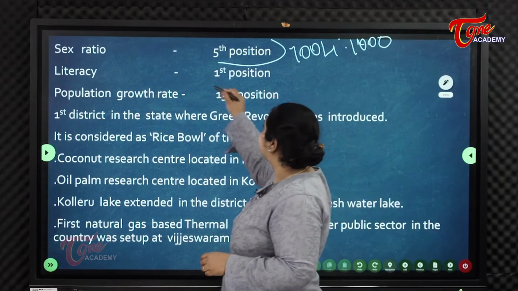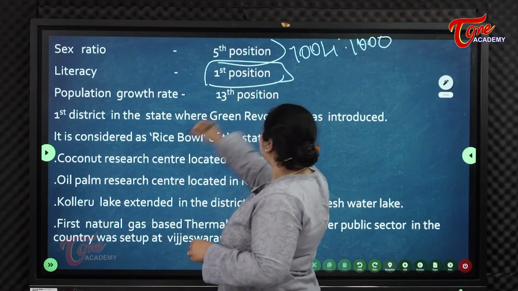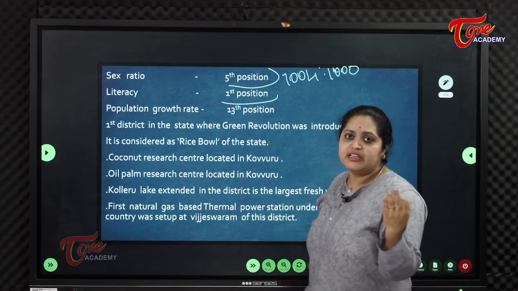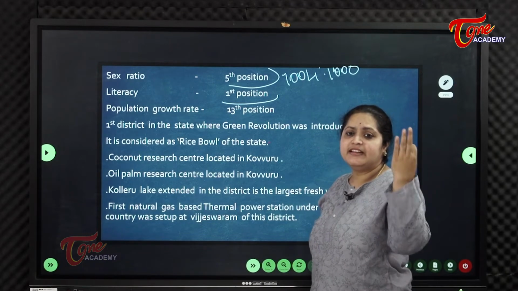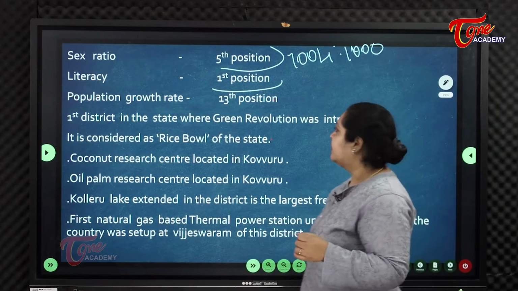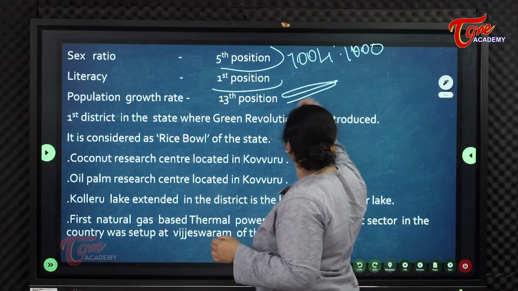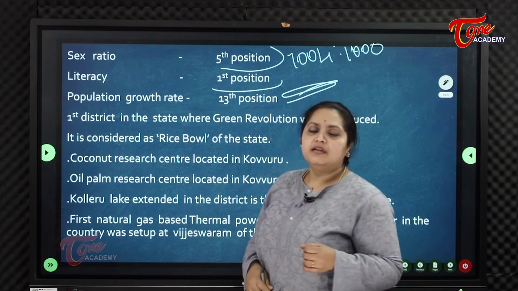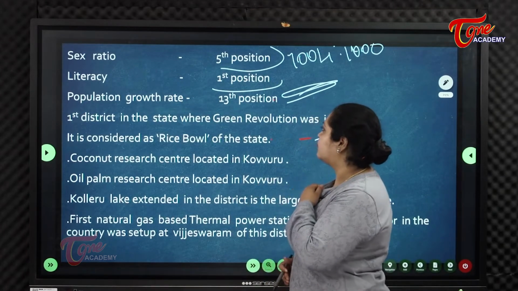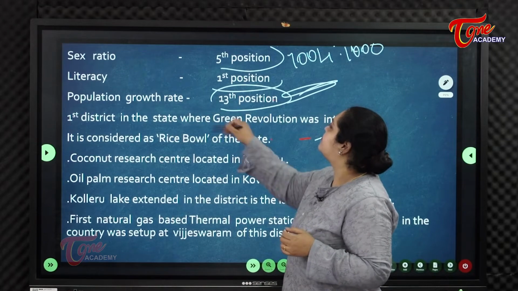It stands first in literacy. Which district stands first in literacy? West Godavari district stands first in literacy. So population growth rate. It is the last district in population growth rate, that means 13th position.